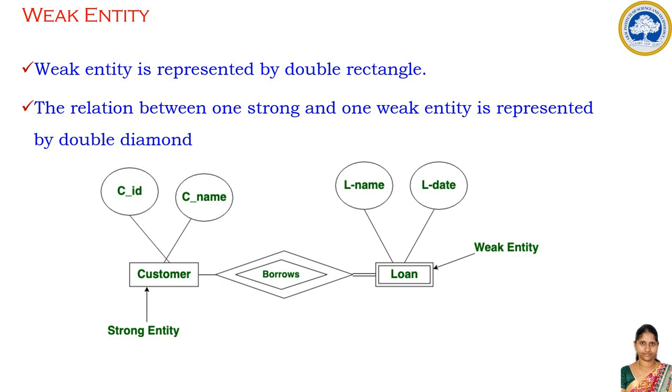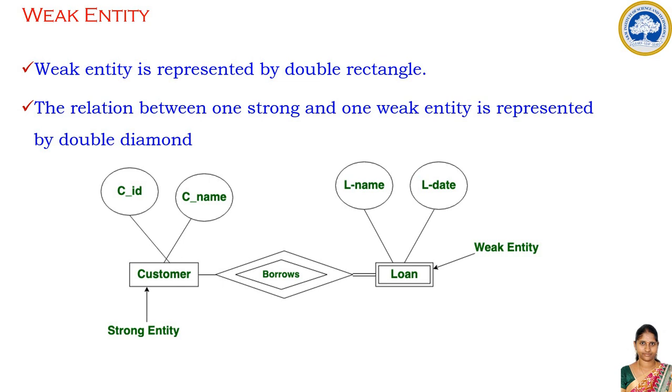Now, the customer is considered a strong entity because we have a primary key, that is the customer ID. The loan is always taken through the customer. So which customer has taken the loan, and what is the loan type?